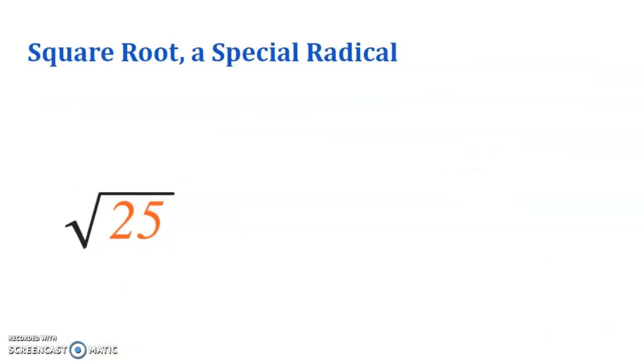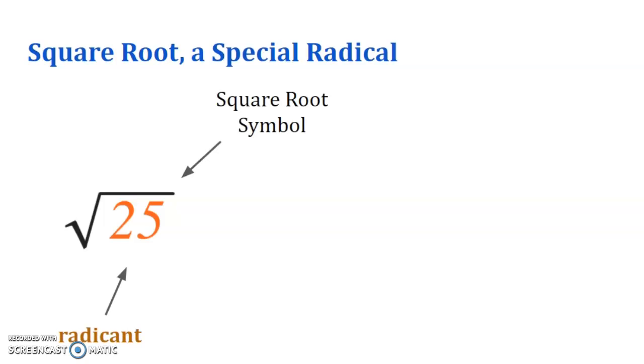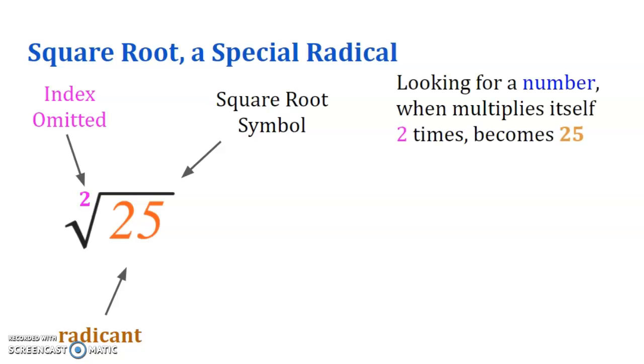Then what is the square root of 25? It's a special radical. In this case, we have the square root symbol and a radicand, but the index is omitted. There is no number here. If it is omitted, the default is always 2. So that means we're looking for a number that when multiplied to itself 2 times becomes 25.